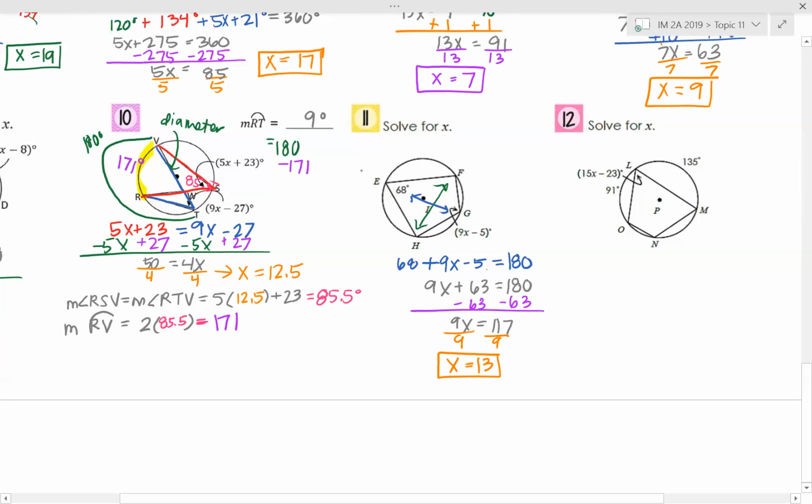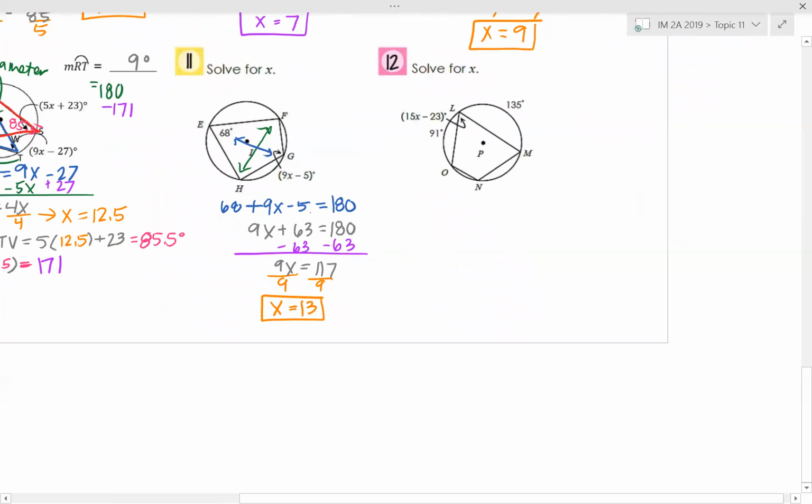For number 12, we have a quadrilateral again. So remember about our supplementary angles. Since I have angle L labeled, if I can find angle N, that will allow me to use their sum is equal to 180. I know that angle L is 15x minus 23. What I need to find next is the value of angle N. I do have enough information using the arc here.